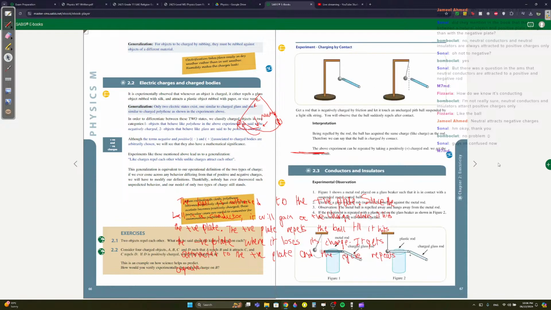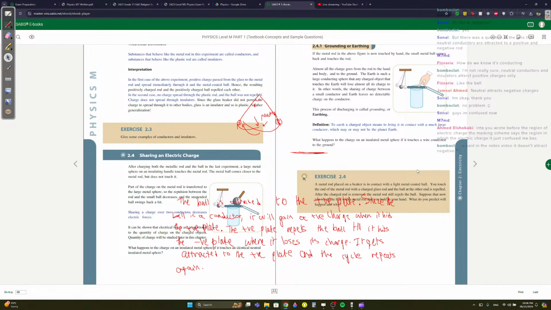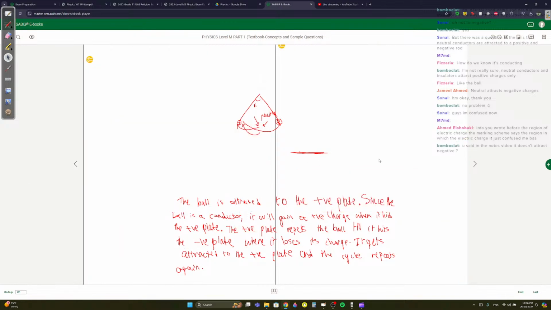Should be on the second page. Somewhere. Okay, Ahmed. It does attract negative. Who said it doesn't, guys? No way. I would never say this.